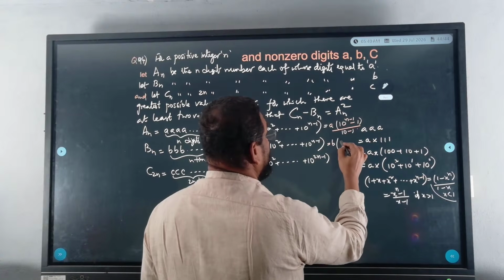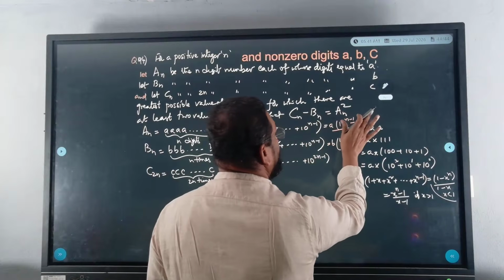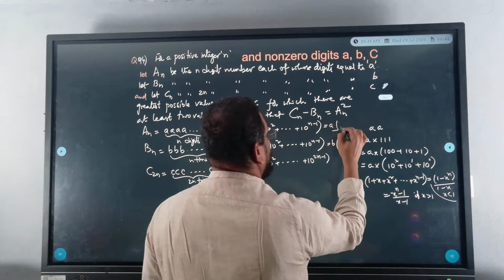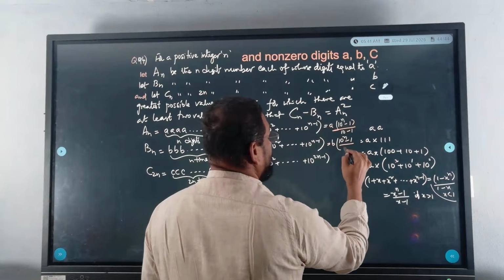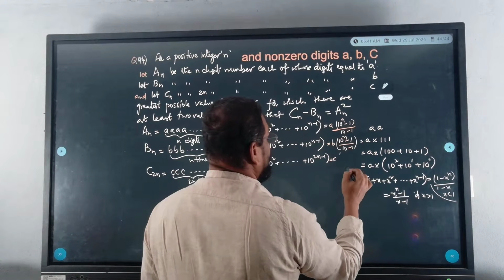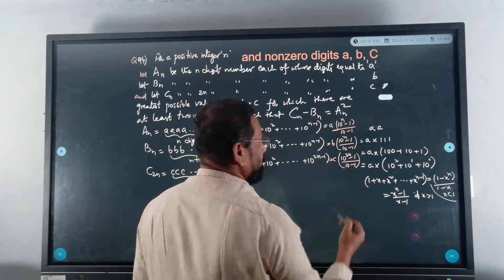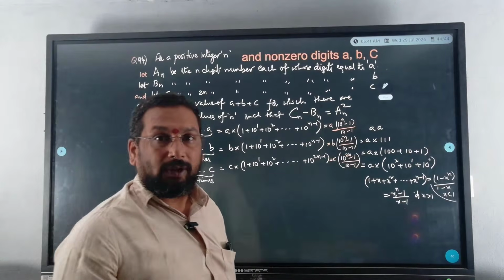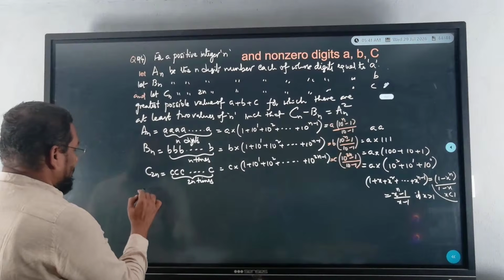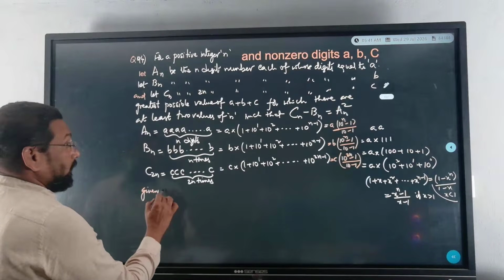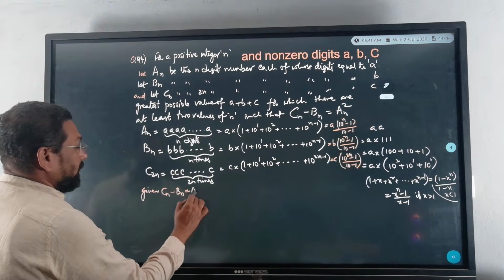Here it is b into 10 power n minus 1 by 10 minus 1. Here it is c into 10 power 2n minus 1 by 10 minus 1. You know the a value, you know the b value, you know n, cn, bn values. So what is given? cn minus bn is equal to an square.